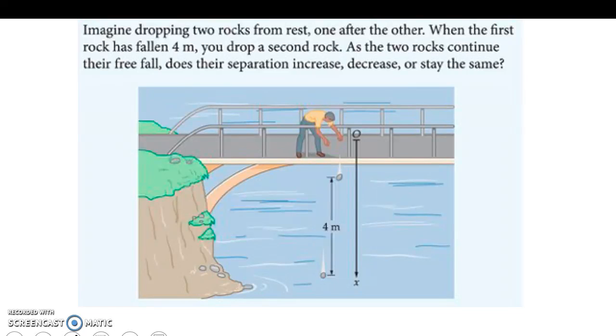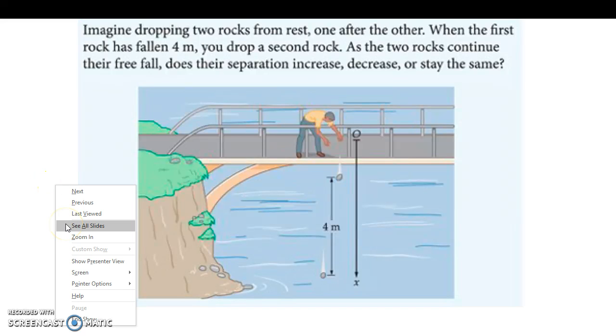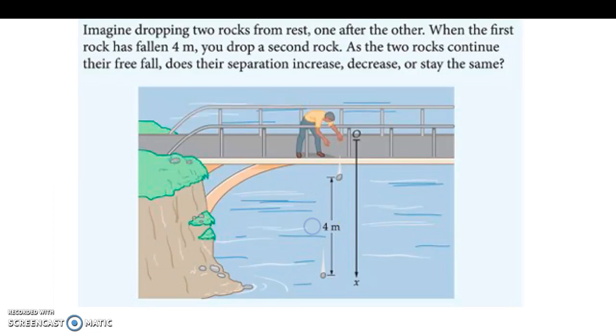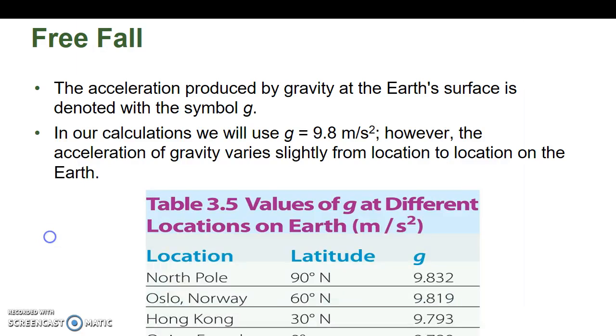Interesting question, but let's think about this for a second. Because the first rock has already started to drop, the first rock will always have a greater velocity than the other. And since it has a greater velocity than the other, and that velocity is always increasing, we expect to see the separation constantly increase.